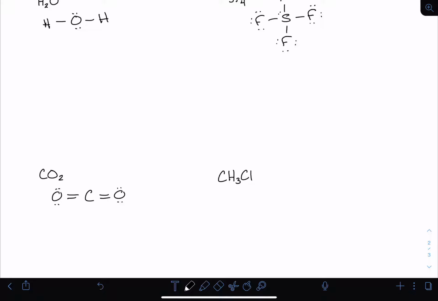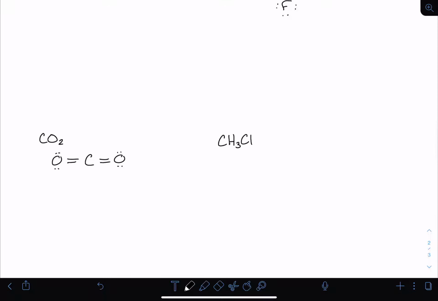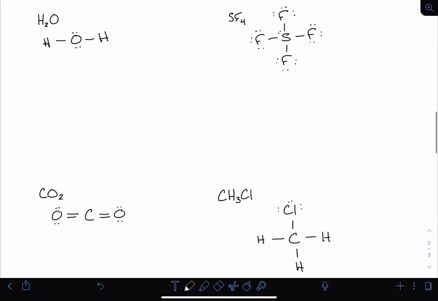So if we create two double bonds, we get the structure for carbon dioxide. And our last structure here for CH3Cl, carbon is going to be our central atom since it is less electronegative than chlorine. So carbon goes in the middle with chlorine and 3 hydrogens around it. So these are the Lewis structures for our 4 examples.